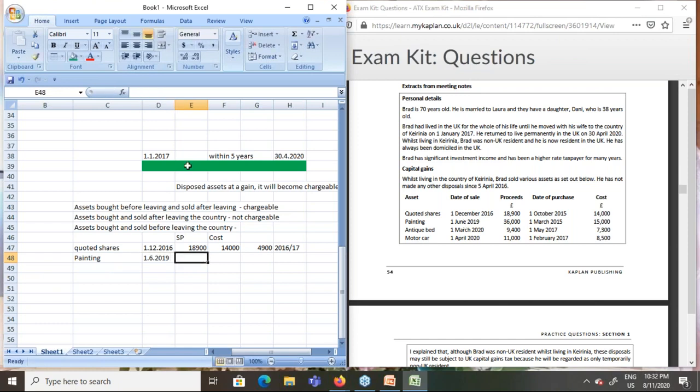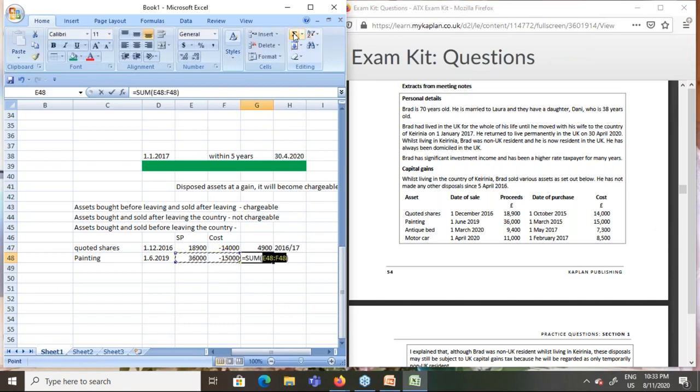Bought before leaving the country, therefore 36,000 minus 15,000 pounds.